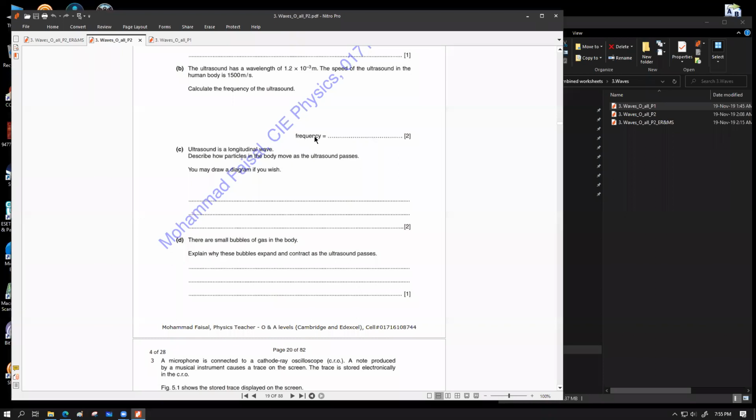So that's one thing. And the question says explain why the gas bubbles expand and contract as ultrasound passes. Because physically the process by which ultrasound passes is by expanding and squishing the medium particles. So whenever that expanded region passes, it is going to be represented as a null signal in our brain.